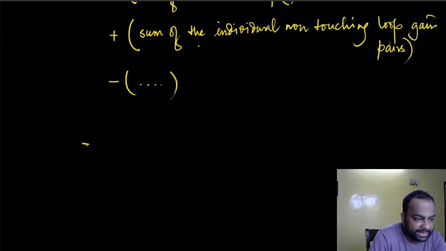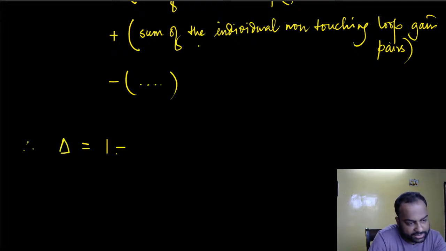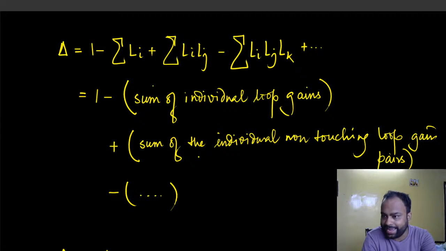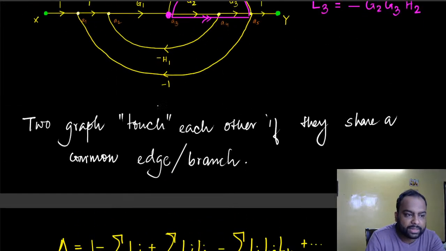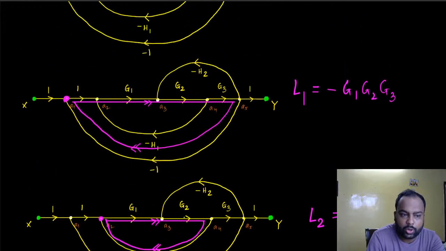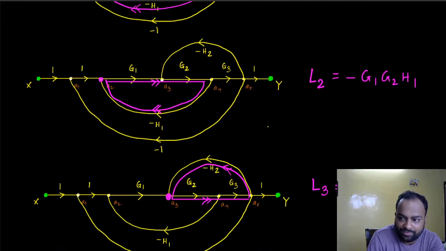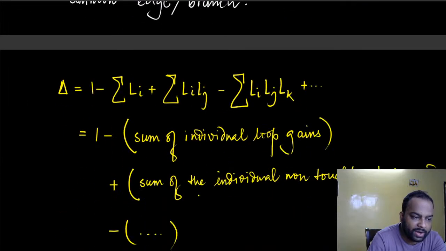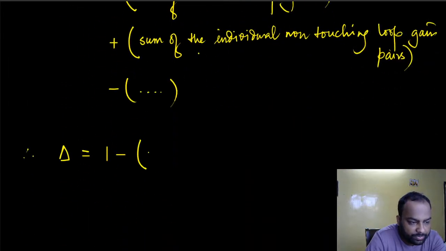So now here delta, therefore delta is equal to 1 minus. Let's first calculate the summation Li. What is summation Li? Summation Li is the sum of the individual loop gains. So how many loops do I have? I have 3 loops in our particular example. So it would be L1 plus L2 plus L3.